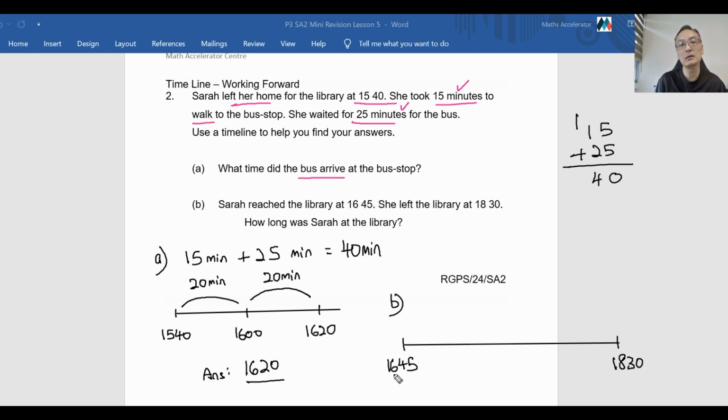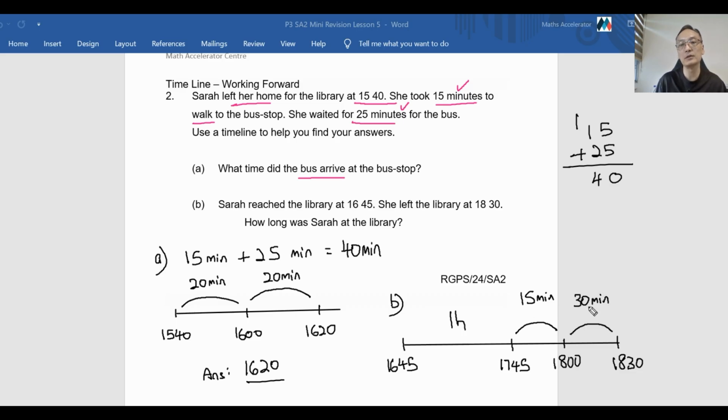So from here, 1 hour after 16:45 is 17:45. Okay, that is 1 hour. From here, we look for the nearest hour mark, which is 1800. 17:45 to 1800, this portion is 15 minutes. 1800 to 1830 is 30 minutes.